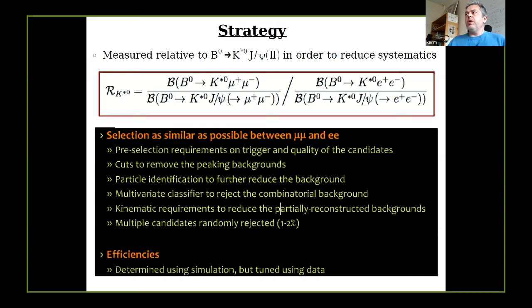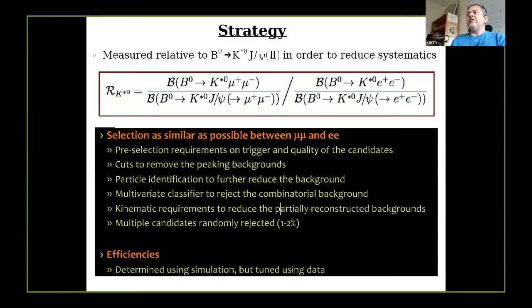What they do though, they don't know the number of B they're analyzing, so they don't measure absolute branching ratios. What they do smartly is to use a control sample, a calibration mode if you want, which is usually very well measured by B factories. So a B decaying with the same final state. And this is exactly what I say for the J/psi K, for the J/psi K star.